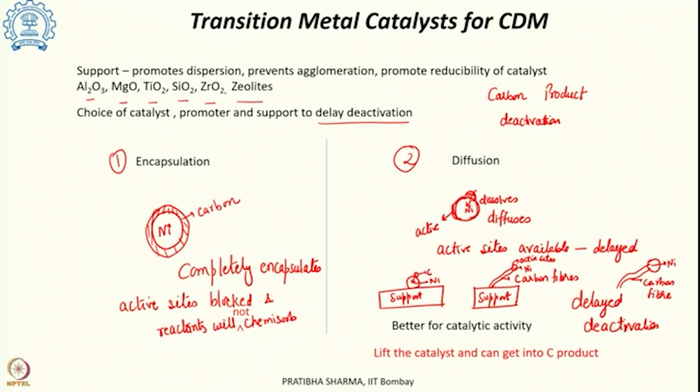And if the metal used is toxic like cobalt, then that can lead to toxicity of the carbon product, and that can affect the downstream applications where it is being used.